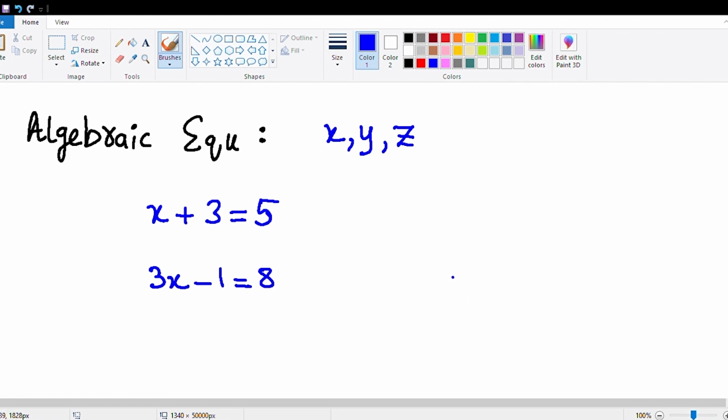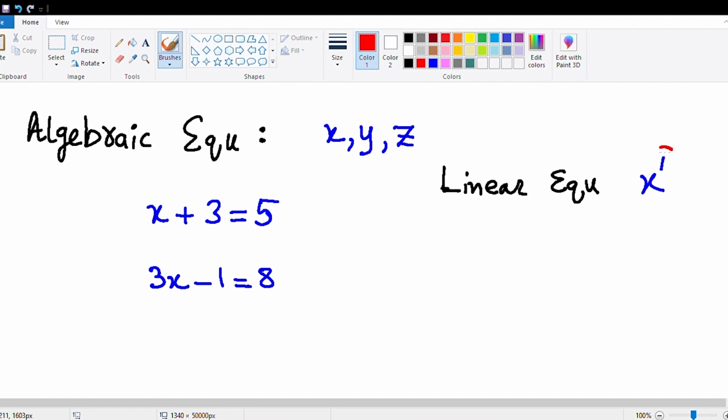Now, one more thing. All the equations that we've mentioned up till now are called linear equations. Linear equations are equations in which the highest power of the variable, say the variable is x, is 1.